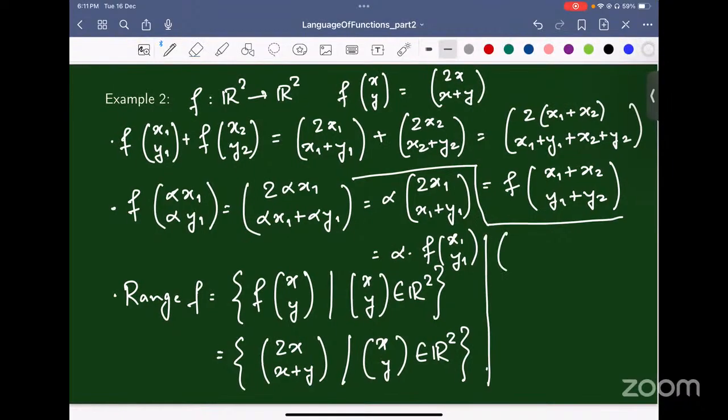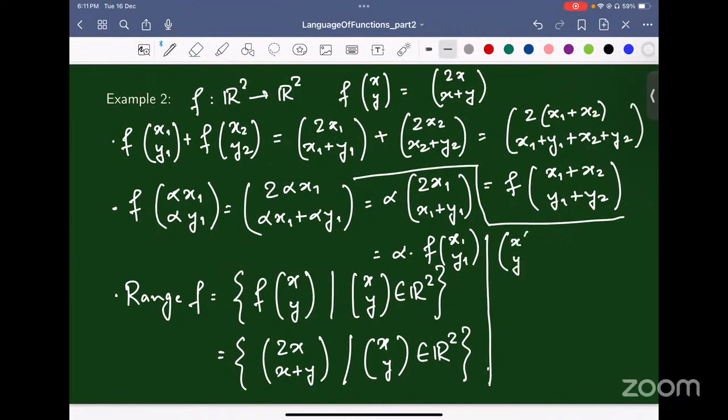I can ask whether a random vector (x prime, y prime) in R2 can be written as f of a vector (x, y). Well, f of (x, y) looks like (2x, x plus y). So can I find x and y so that (x prime, y prime) can be written as (2x, x plus y)? Yes, indeed.